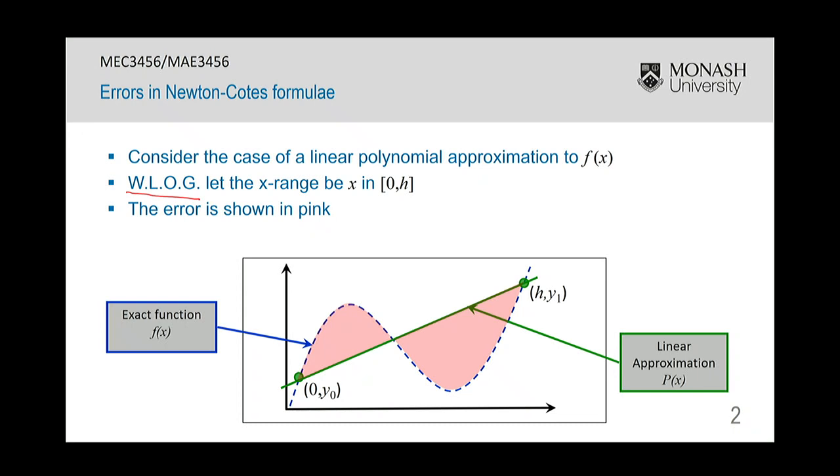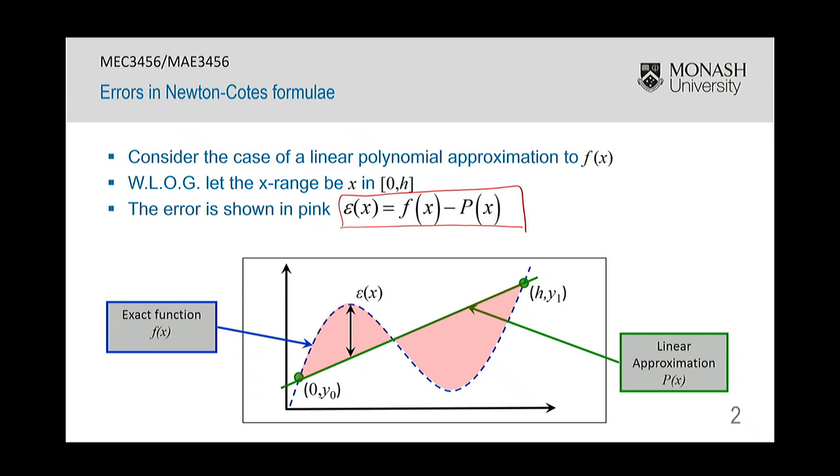So the error between our linear polynomial approximation p of x and our exact function f of x is that shaded pink region. And that's going to be the error when we use p of x and integrate that instead of using the exact function. And we're going to define a functional form for our error. We're going to call it epsilon.